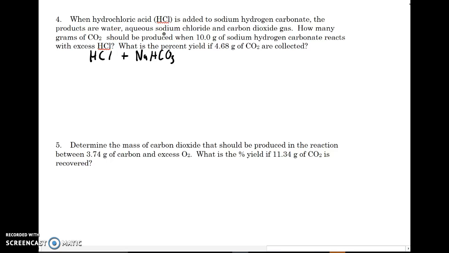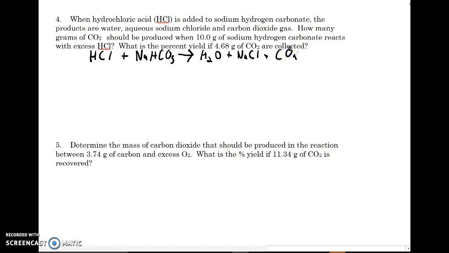So NaHCO3. Those are our reactants. And that is going to produce water, sodium chloride, NaCl, since sodium has a positive 1 charge and chlorine has a negative 1 charge, and carbon dioxide gas.